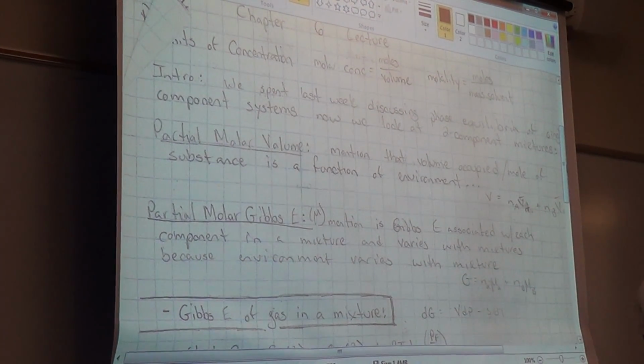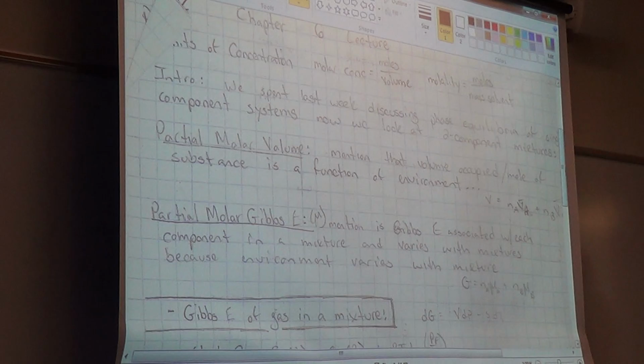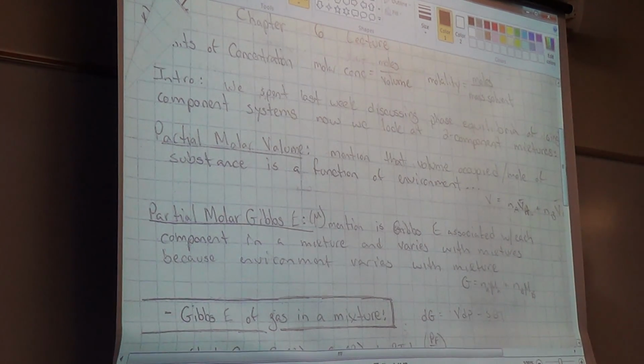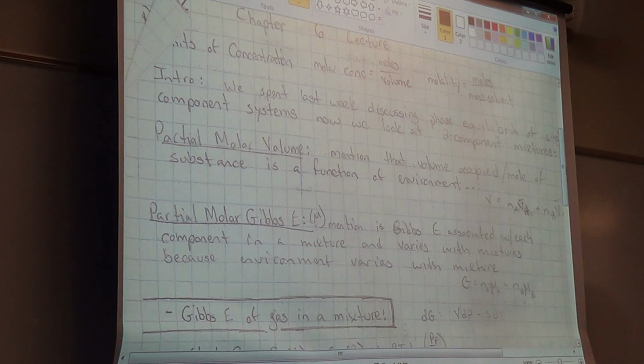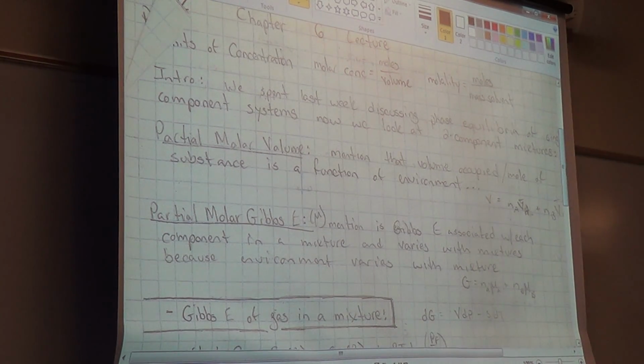And we looked at how changes in temperature and pressure drove the system between those phases. We saw that high temperature favored the more dispersed phases, the gas and the liquid, and that the solid phase was most favorable at low temperature. We looked at pressure effects, and we saw that the higher the pressure was, the more favorable the condensed phases were.